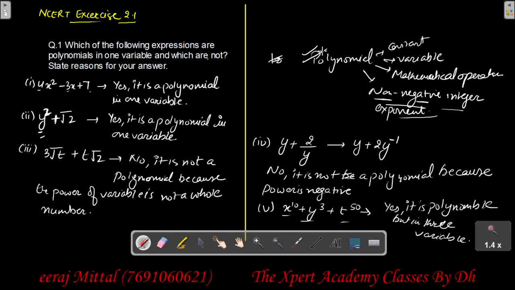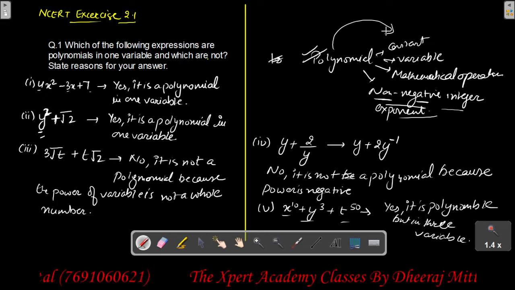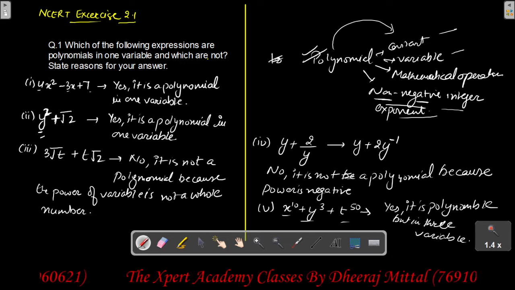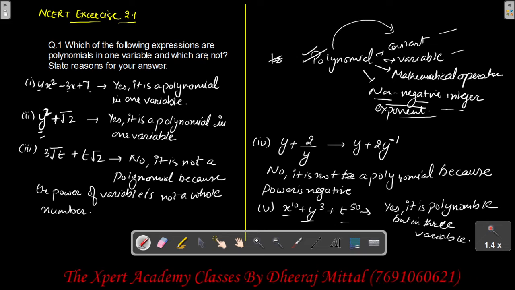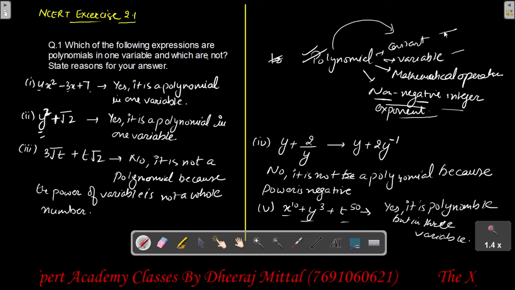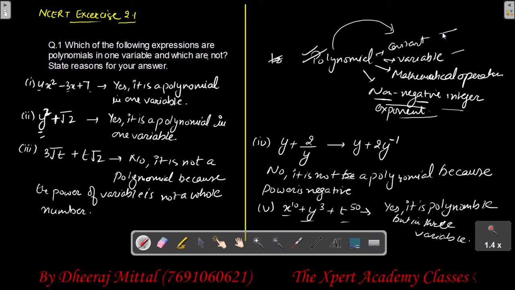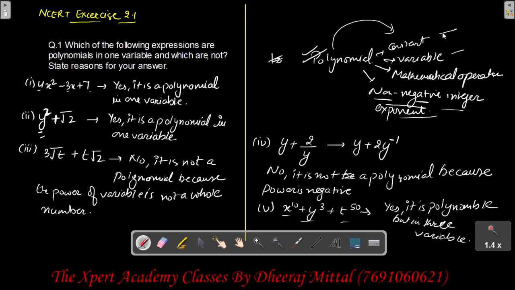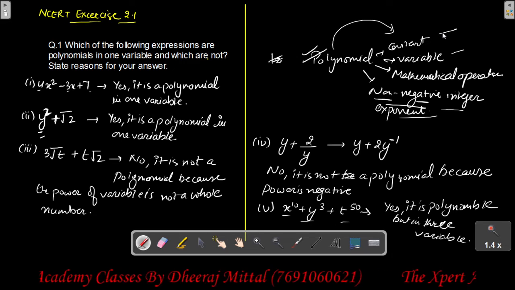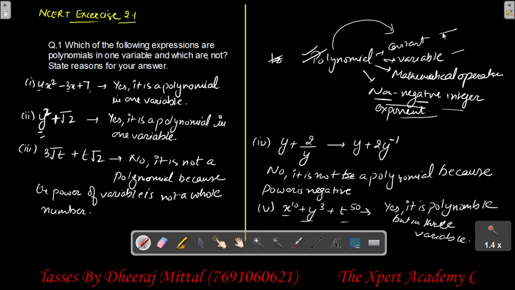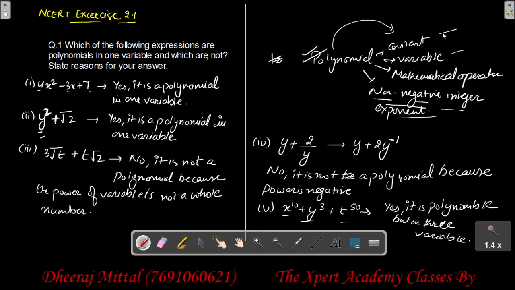The basic concept is that a polynomial is an expression which has constant, variable, mathematical operator and non-negative integer exponent. I think you have understood this first question.